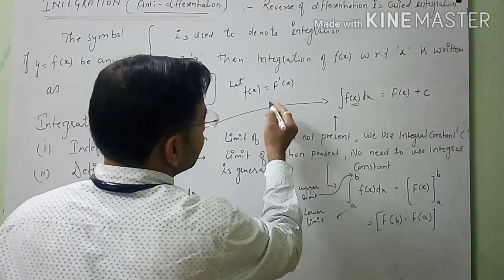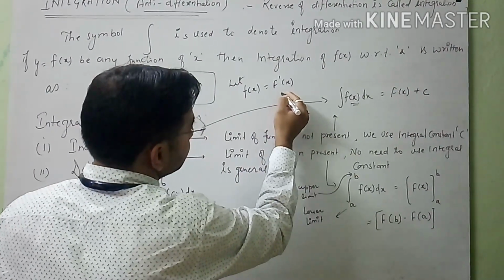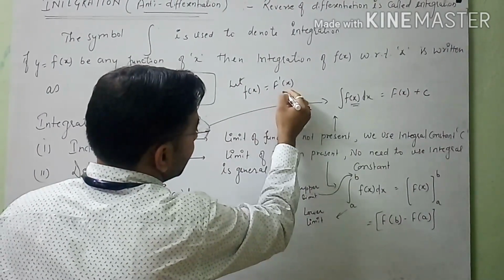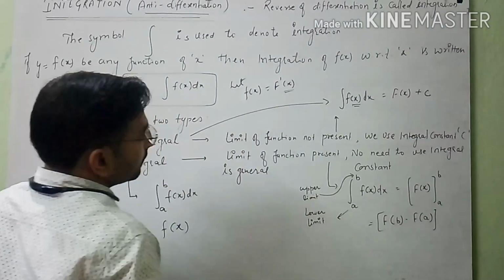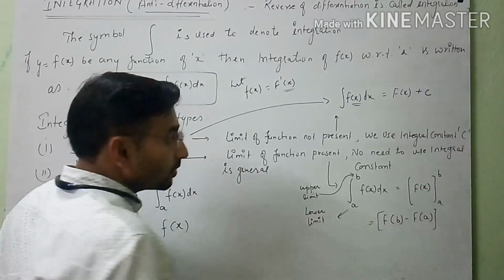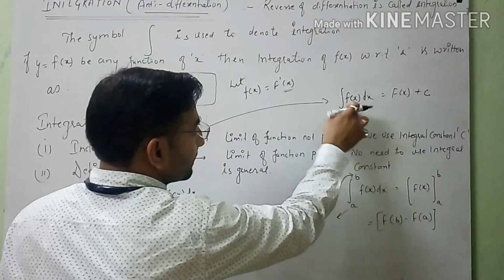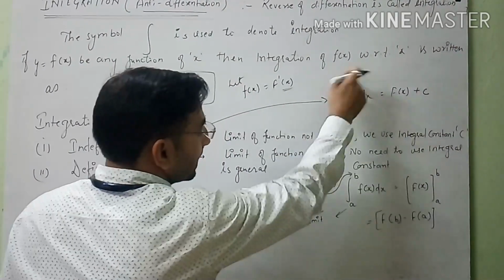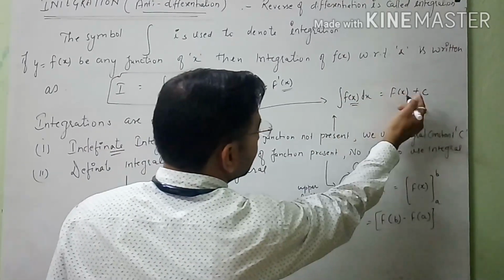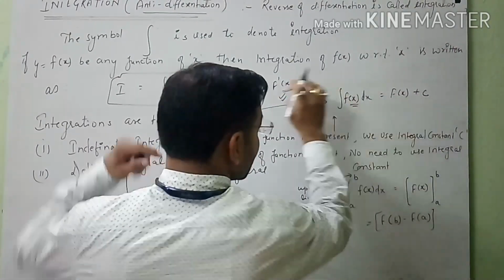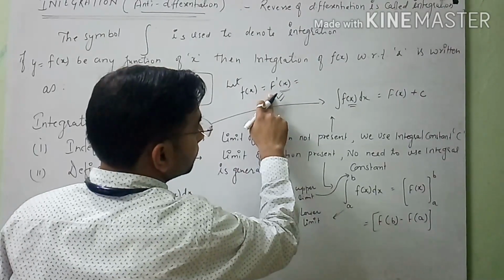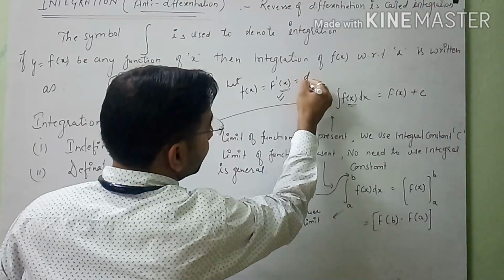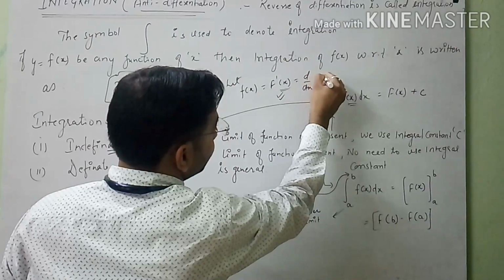That's why I consider small f(x) equals F dash x, the derivative of capital F(x). When this derivative, f(x), is integrated again, we get the same value. What is the meaning of F dash x? If you are confused, I will write d/dx of F(x).